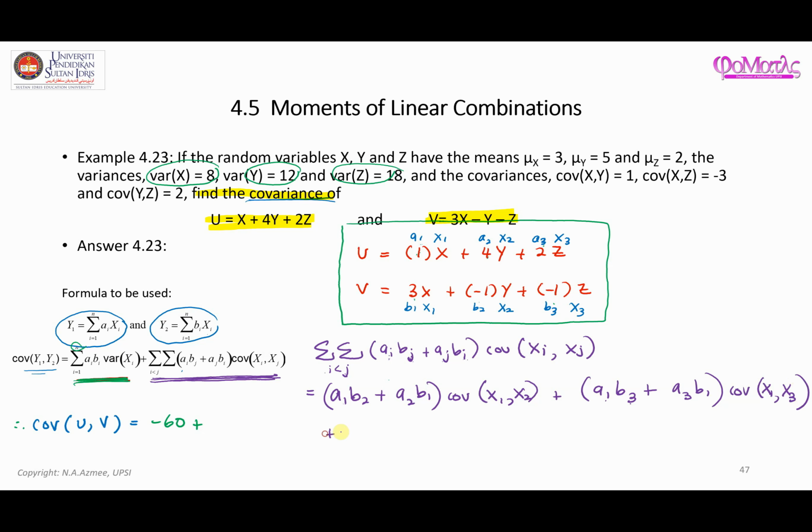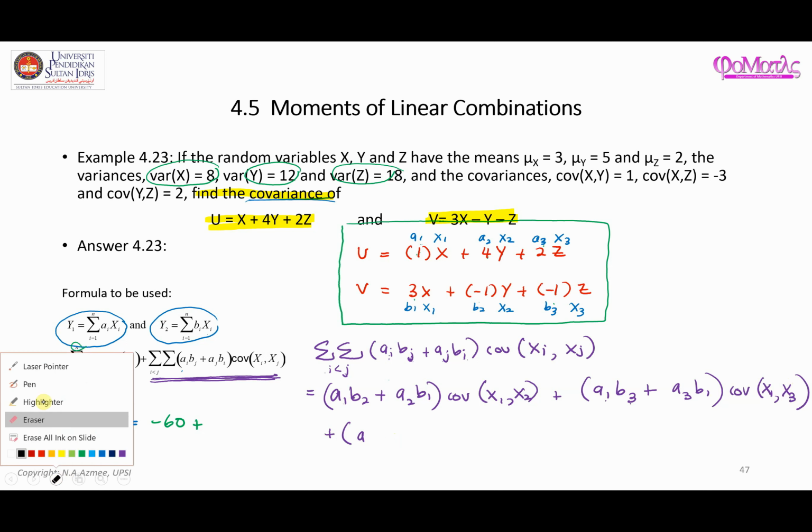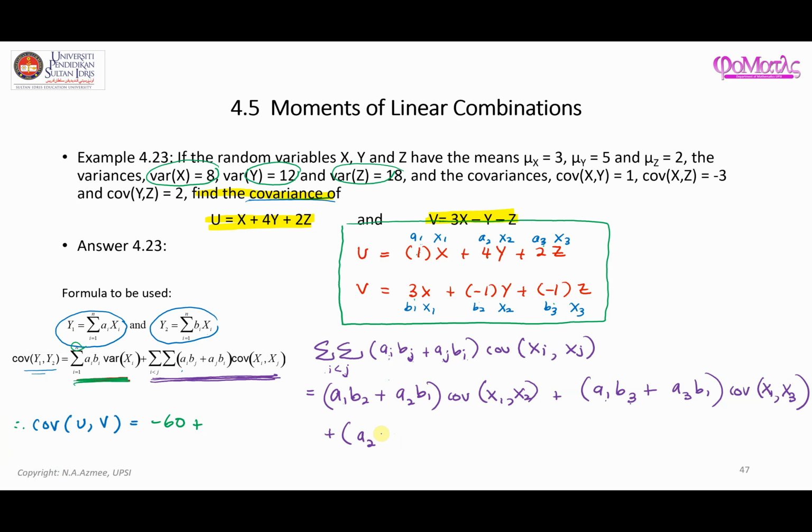Then we're done with a1 b2 and a1 b3, so we're moving on to a2, with b3, and switch the position, which is a3 b2.